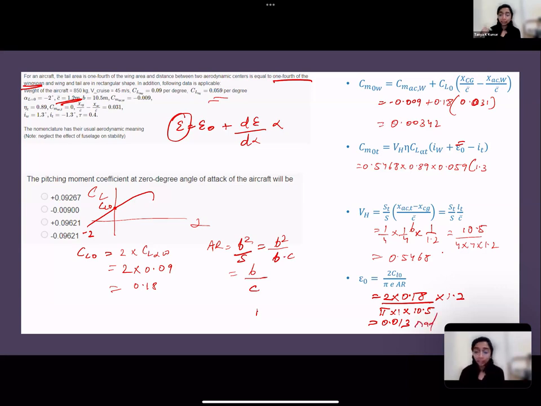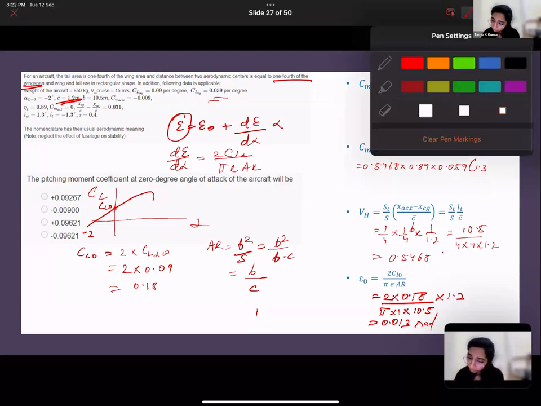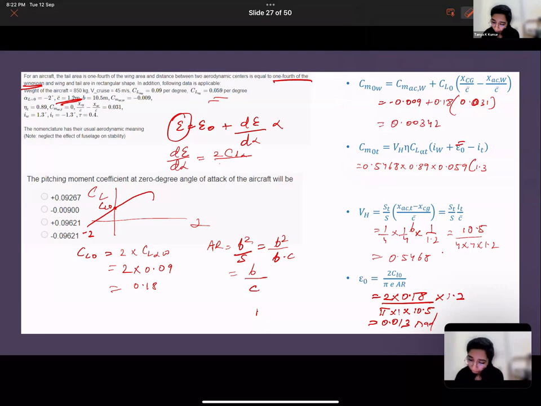This formula, and please remember the other formula, the d epsilon by d alpha is 2 CL alpha by pi E AR. It was not this, okay, just a minute. It was CL alpha by 1 plus CL alpha into pi EAR.